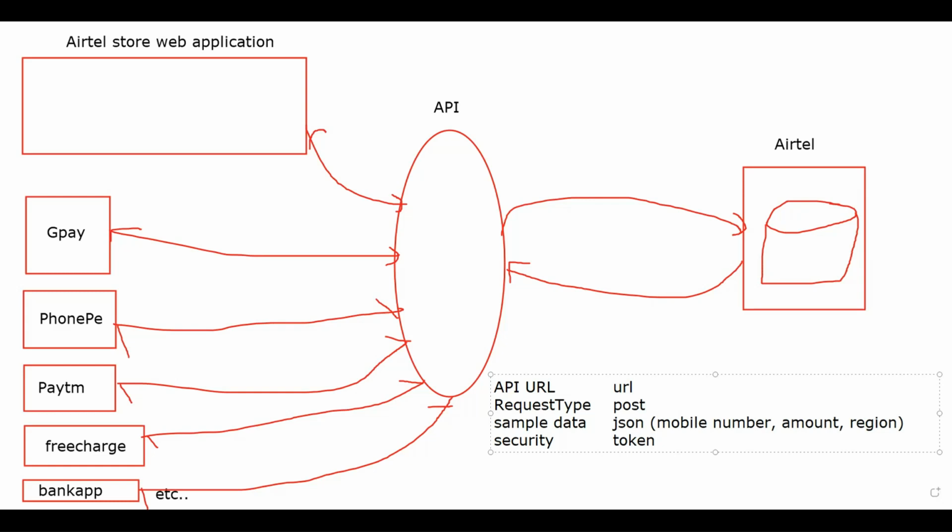Here in web API, we'll use a protocol called HTTP, Hypertext Transfer Protocol. From the web browser, if you request, it will reach the API. From the API, it will go to the database. From the database, once the API receives the response, from the API you will receive the response at the client.